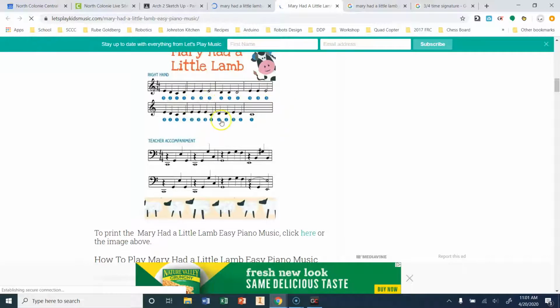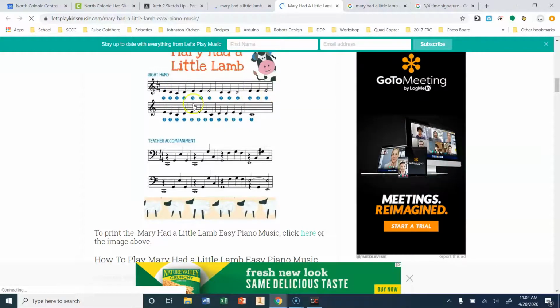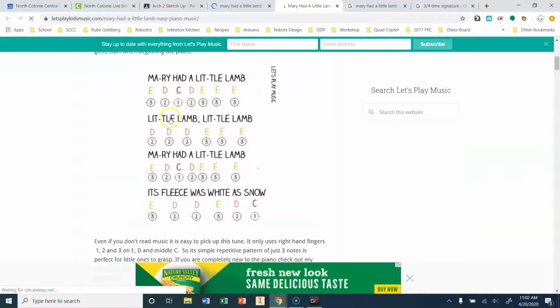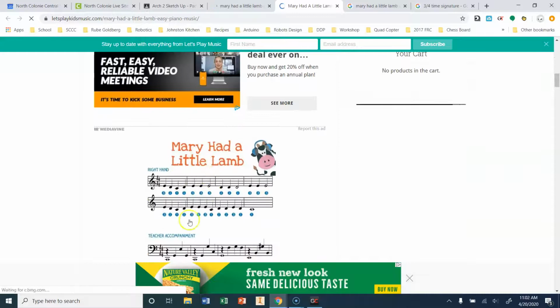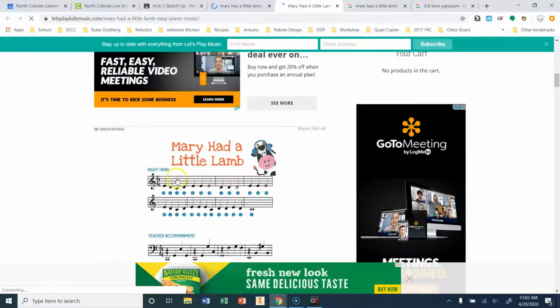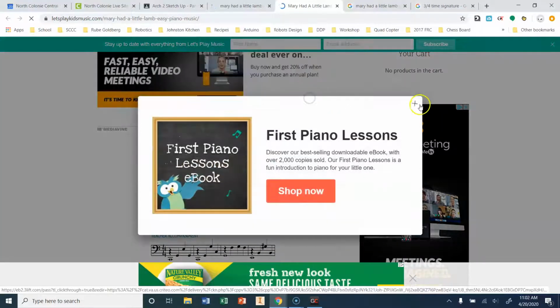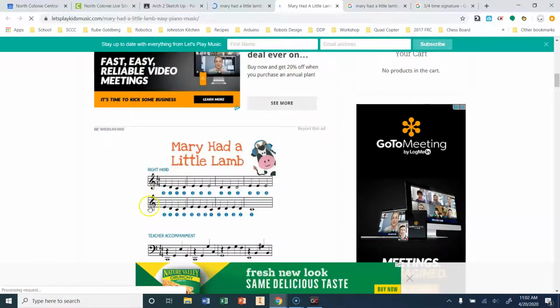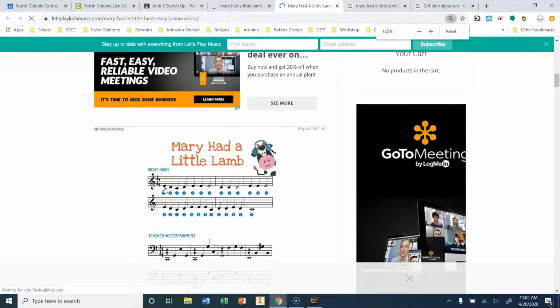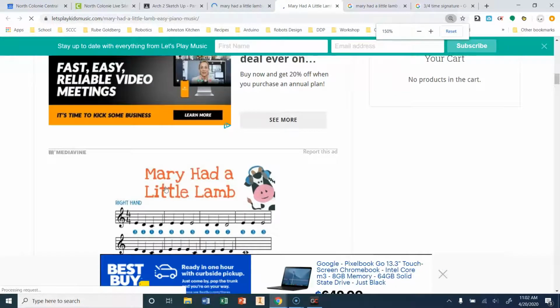Mary had a little lamb whose fleece was white as snow. When we start looking at this, we can take the information that's above along with the information that's below and combine them together. So when we start to play this, when we look at these notes, I'll zoom in on this so we can all see it better, maybe.